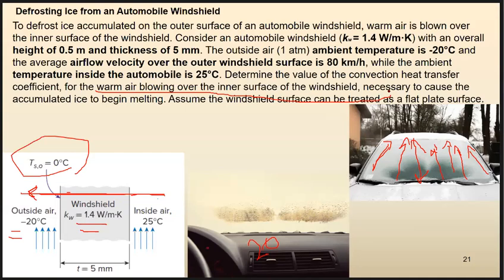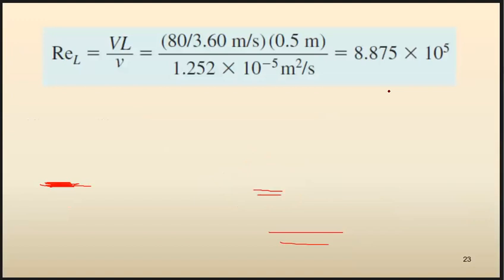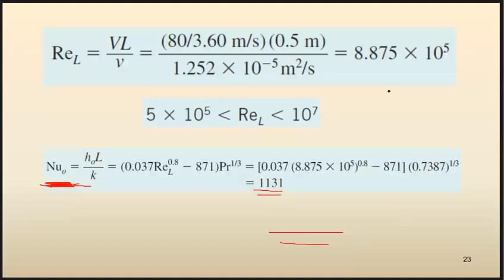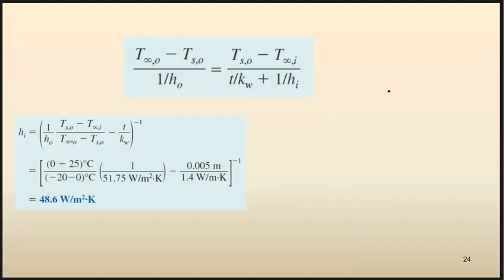This is what we can design for the car, for the heating system of the car, for the defrost system. So h sub i, the convection transfer coefficient inside, is our interest, very important.